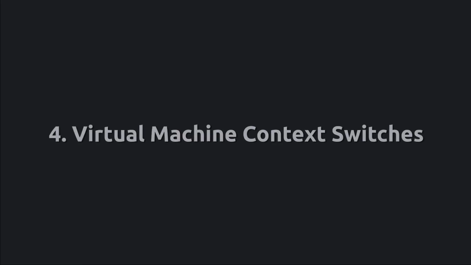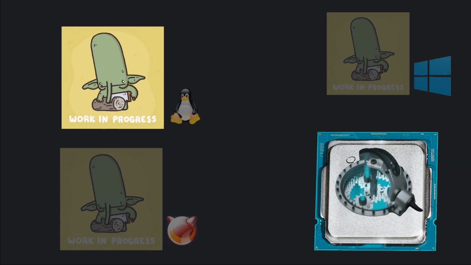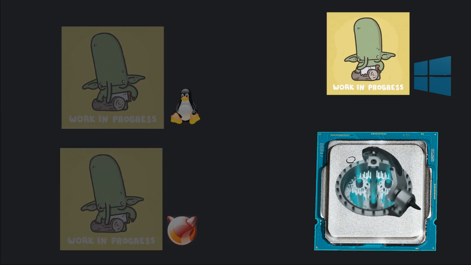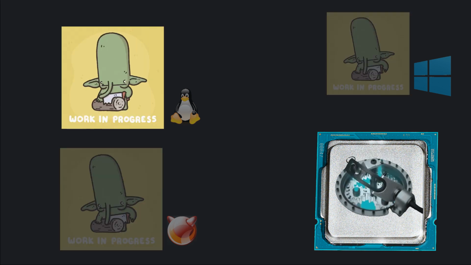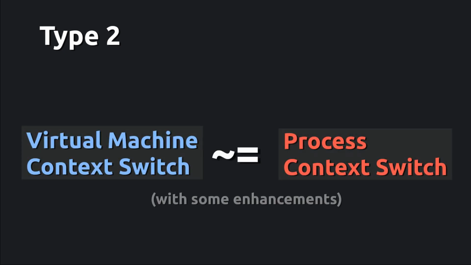Virtual machine context switches. Like processes, virtual machines are also isolated from each other. Similar to processes, virtual machines therefore also perform context switches to create the illusion of machines running in parallel. For Type 2 hypervisors, the context switch is usually a process context switch, because the virtual machines run on top of the operating system.